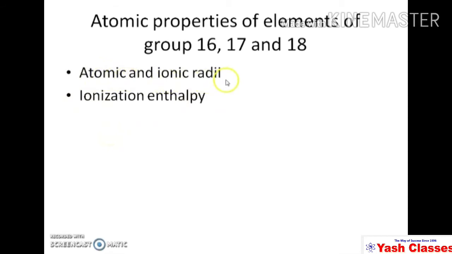Atomic radius, or atomic size, is the distance between the center of the nucleus and the outermost shell. Atomic or ionic radii are directly proportional to atomic size.